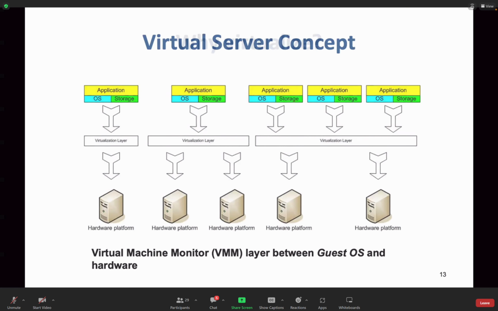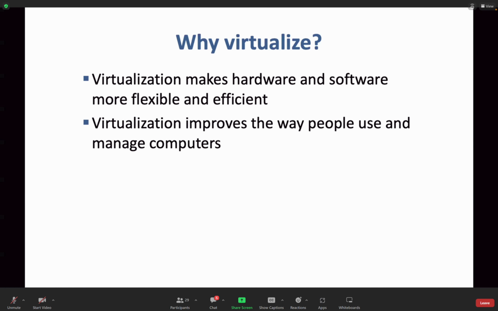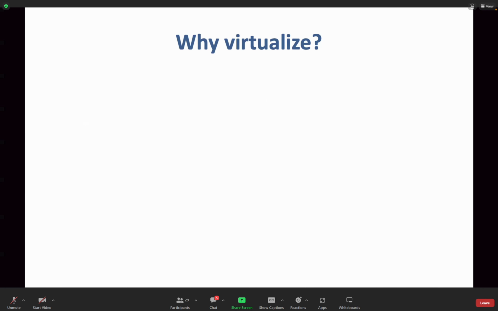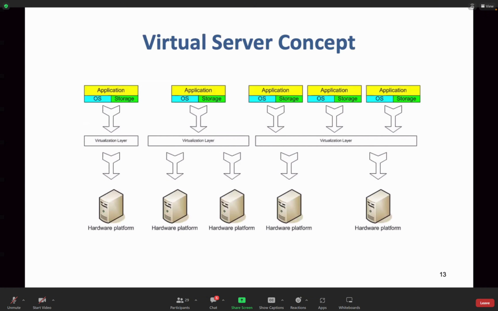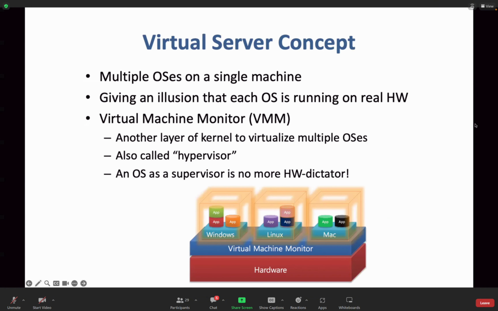But in this picture, there is no host OS involved, just the VMM hypervisor. So these are all guest OS, and this is just the hypervisor.